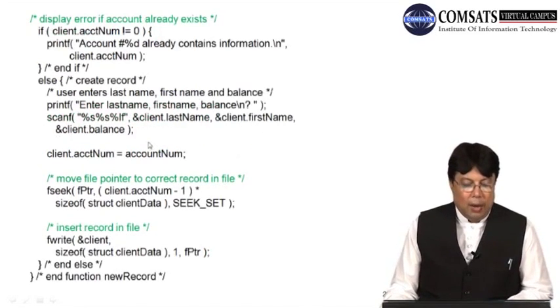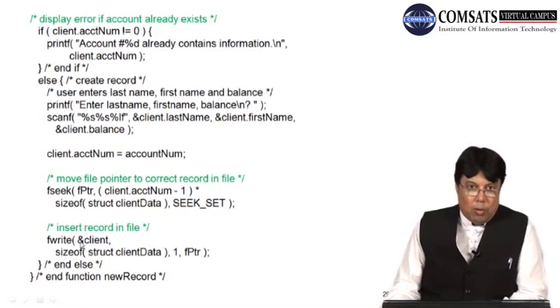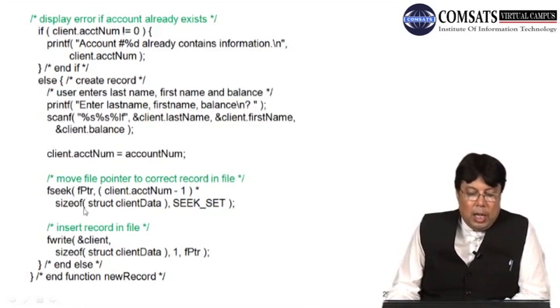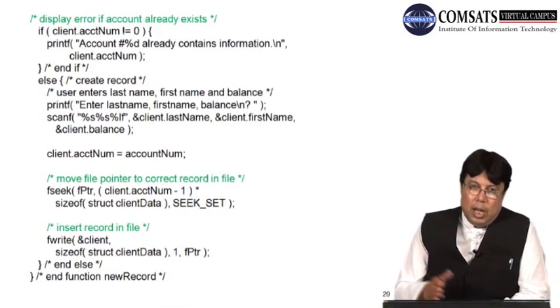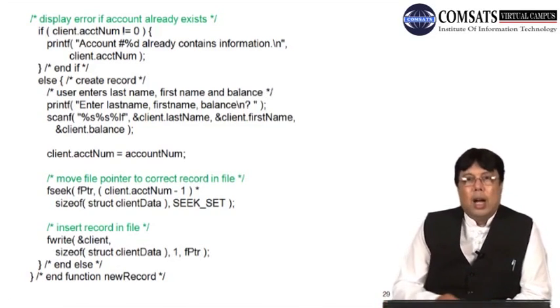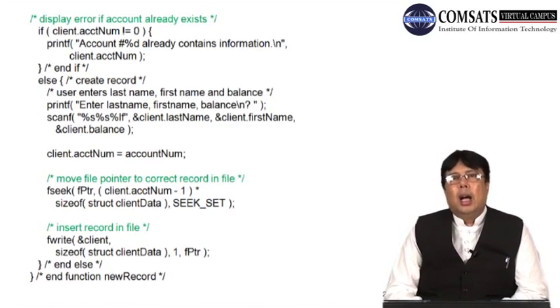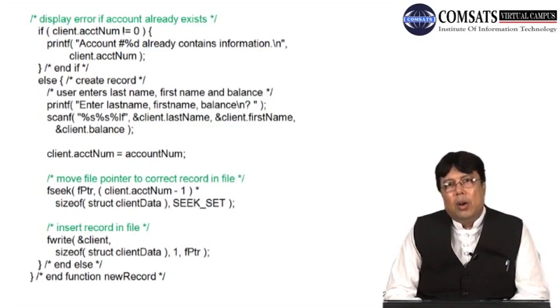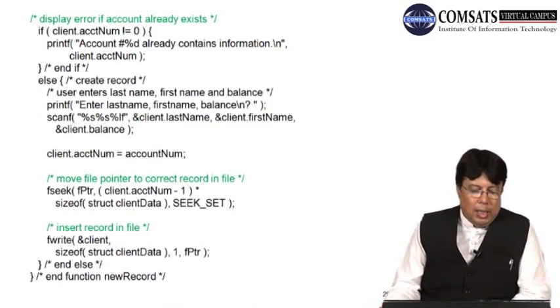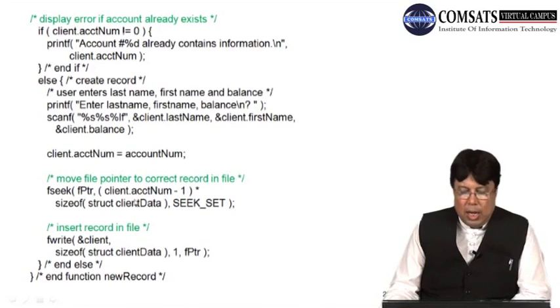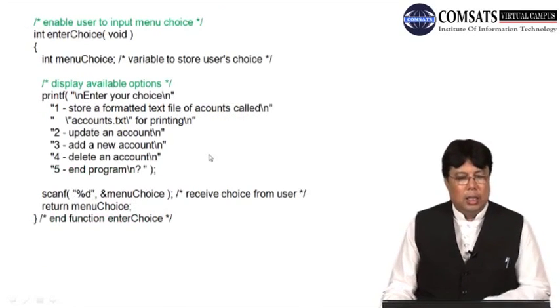And now I have to read the record once again, or write the record over there. So I need to seek, meaning I cannot just rewind one record backward and write it from there. I cannot do that. So I have to seek again in order to update the record, and then I can write it down and update it.